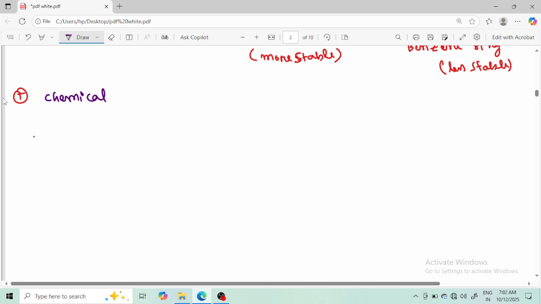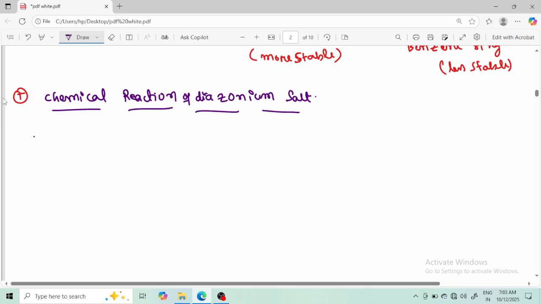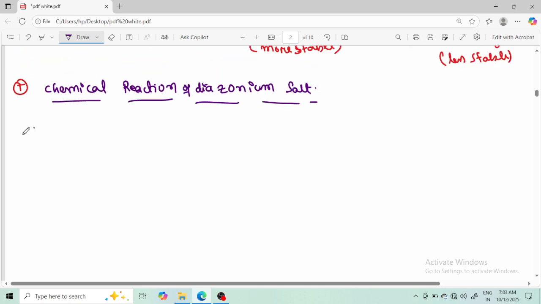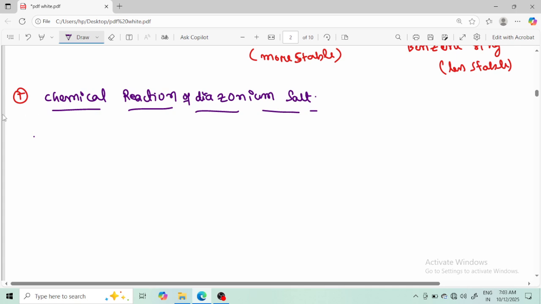Out of that, half of them we already did in the haloalkane and haloarene chapter. Mainly, since you know that aliphatic diazonium salt is unstable, it will not go through any chemical reaction, or even if it does, it's not in our board syllabus.